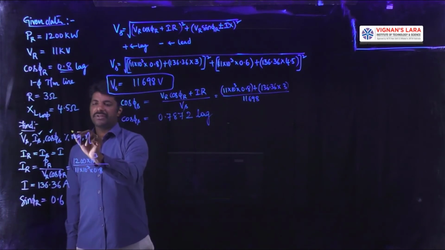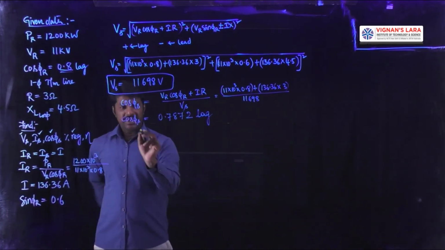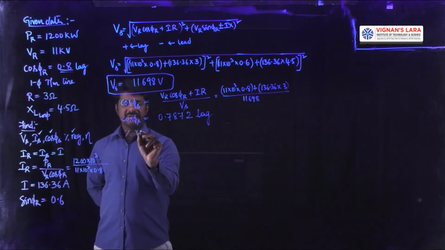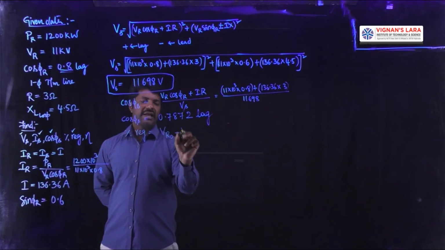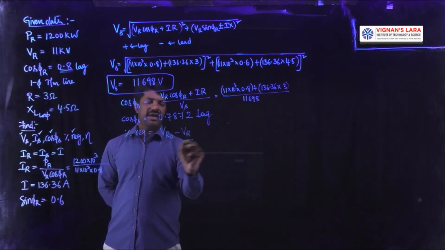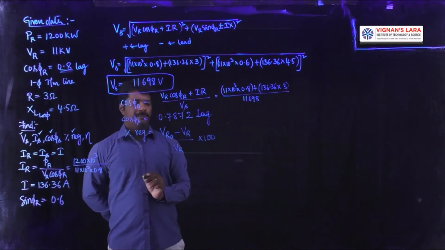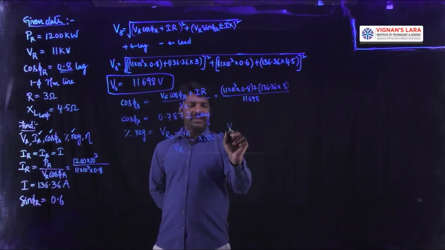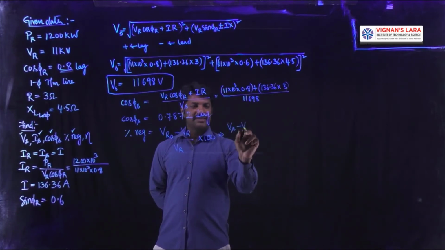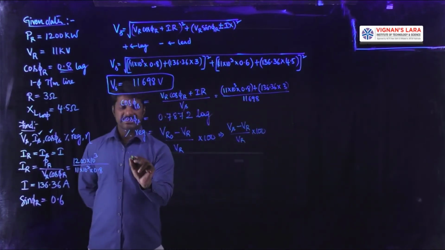And next, coming to the percentage regulation. The formula is percentage regulation equals VR naught minus VR by VR into 100. For this short transmission line, the VR naught is Vs. So Vs minus VR by VR into 100. Substitute the values and get the percentage regulation.